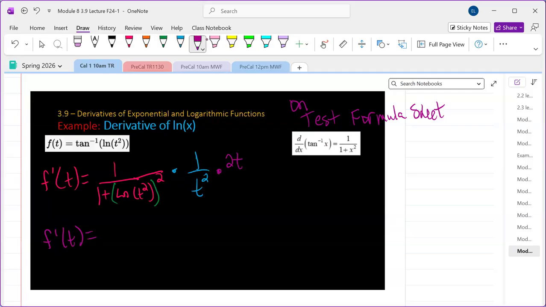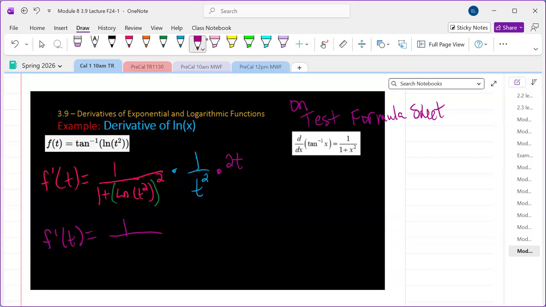Now this natural log of t squared, whole thing squared, doesn't simplify. Like the natural log can't interact with that square on the outside. So inside there, the natural log of t squared, I could write that as 2 natural log t.